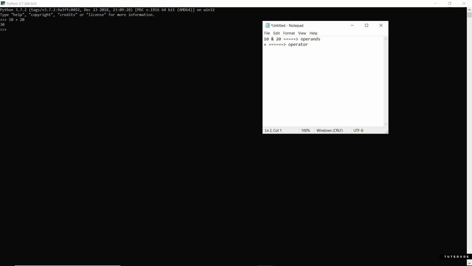These together combine to form an operation. The number is the operand and the plus is the operator. So together they are known as an operation. This is how the structure looks. Let me just close it.